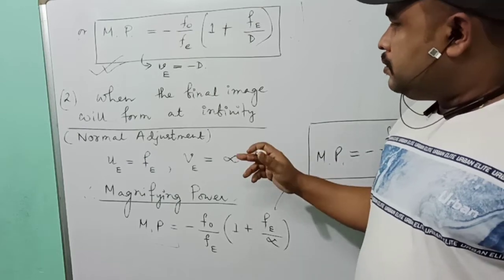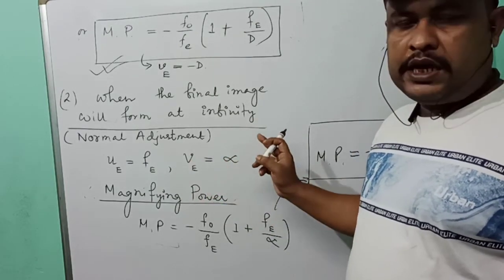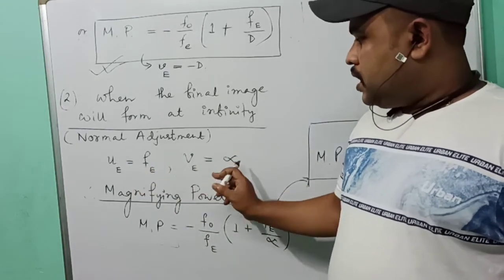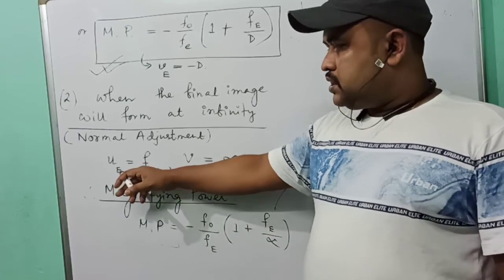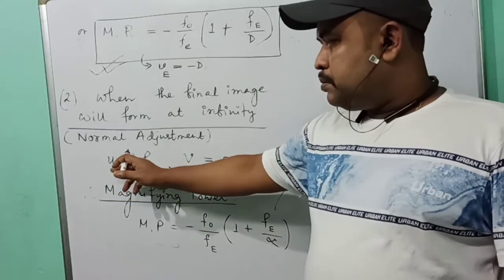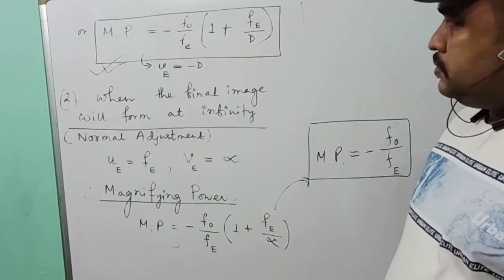Then the image distance due to the eyepiece lens will become infinite, and for that condition, the object distance due to the eyepiece lens will become the focal length of the eyepiece lens.